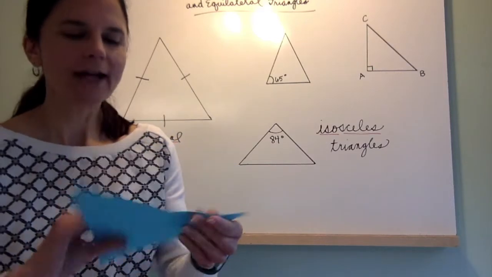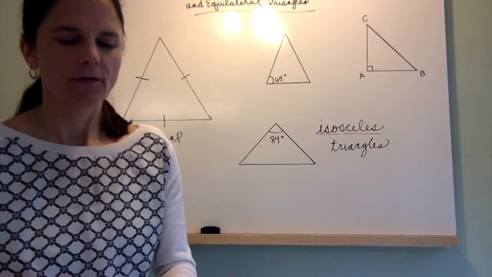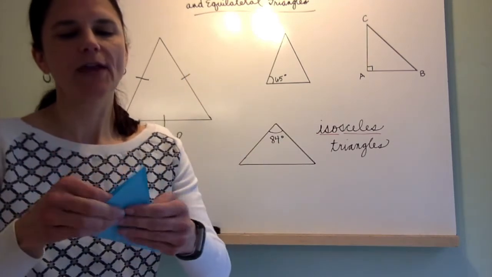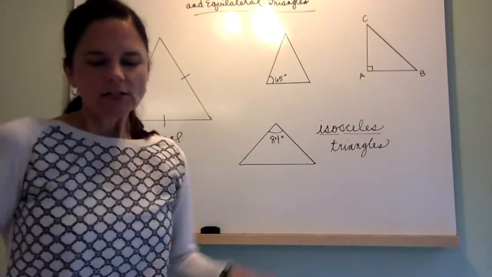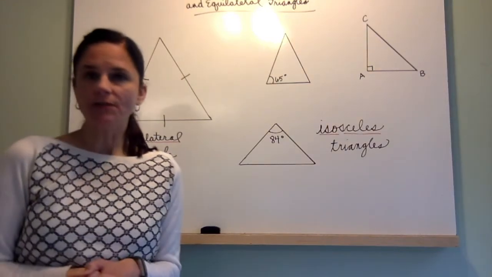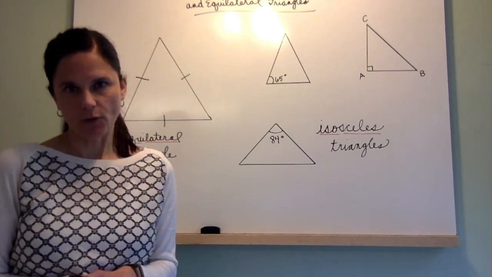But in an equilateral triangle, you should notice that all of the angles are equal. I can do this with every angle, and all angles are equal. So that's a property of equilateral triangles, that not only are all the sides equal, but all of the angles of an equilateral triangle are equal.